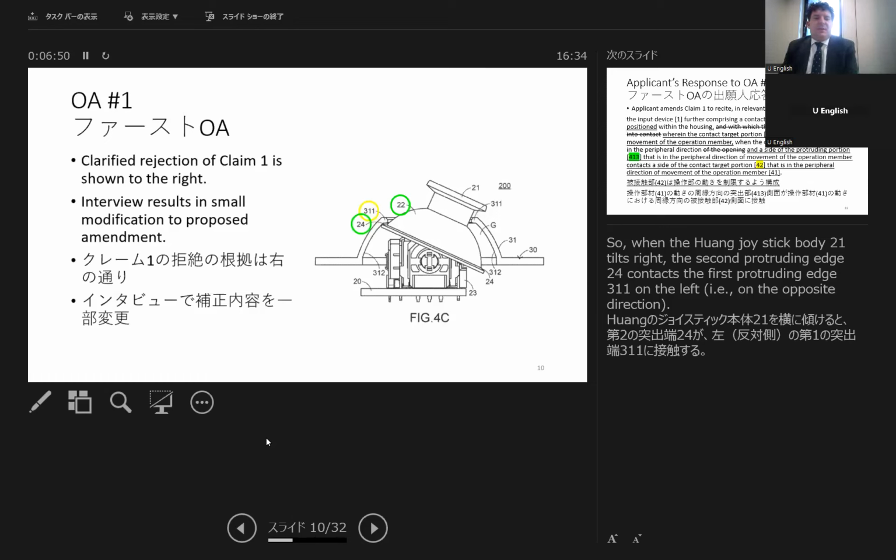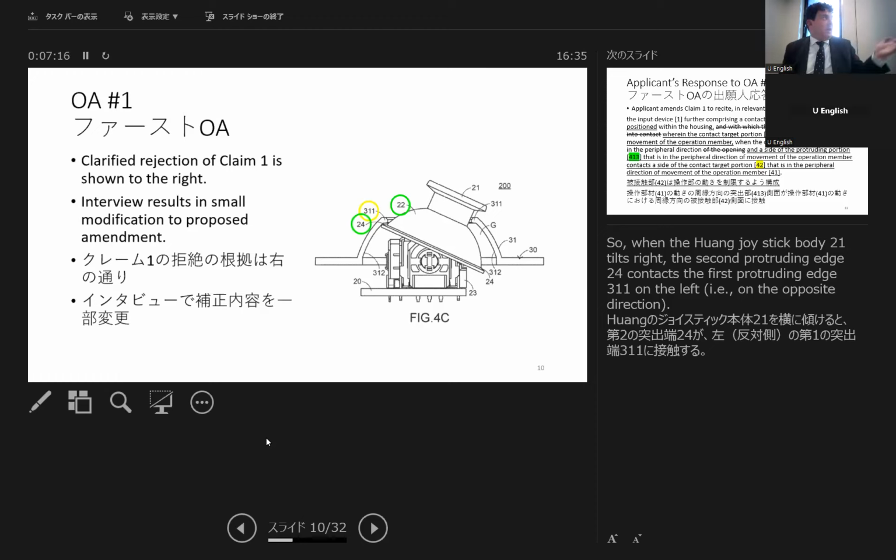Specifically, they clarify that the rejection of claim 1 is as it's shown on the right side of the slide. Again, I've maintained the color coding so you can see how our claim is supposed to match to this figure. And the interview results in a small modification to the proposed amendment, and we'll show that on the next slide.